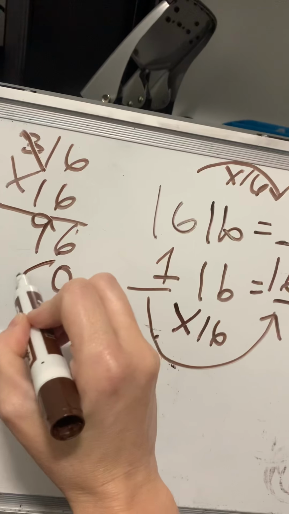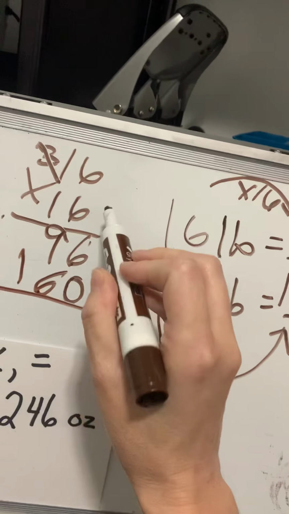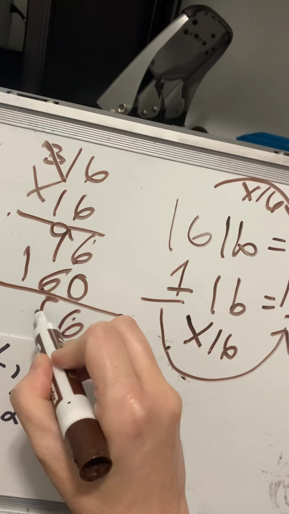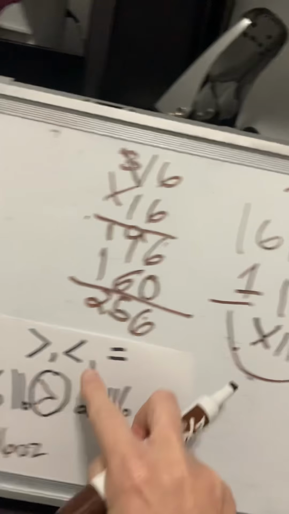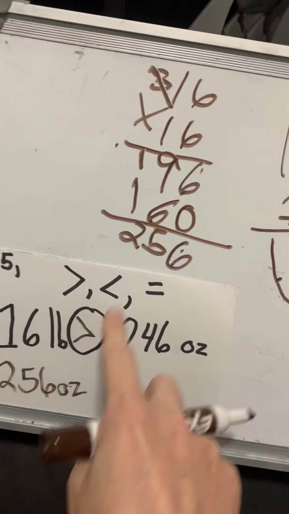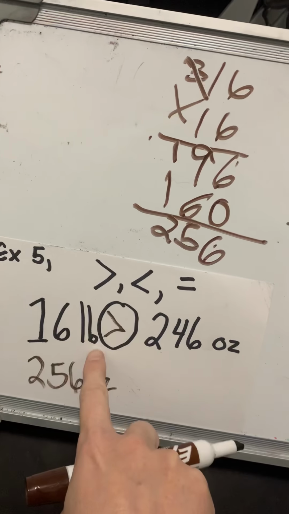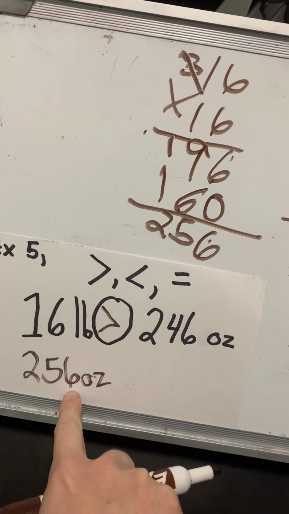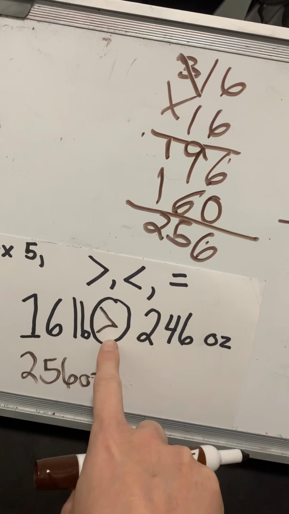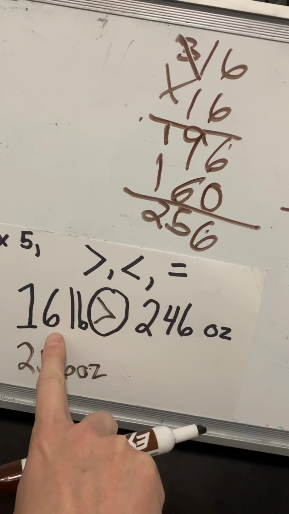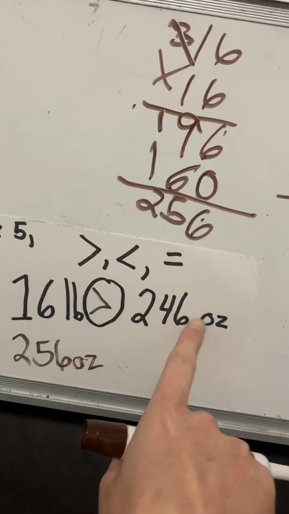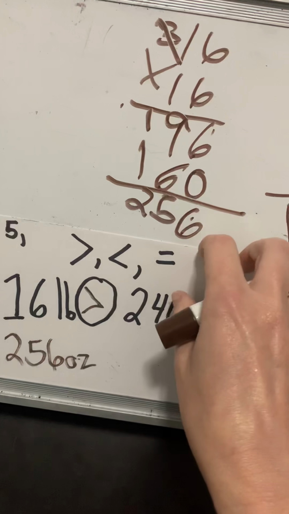Then that's going to be a 6 and a 1, and then that's a 6, that's a 15, and then that's a 2. So our answer is 256. That means that 16 pounds is 256 ounces, and that is greater than 246 ounces. So 16 pounds is greater than 246 ounces.